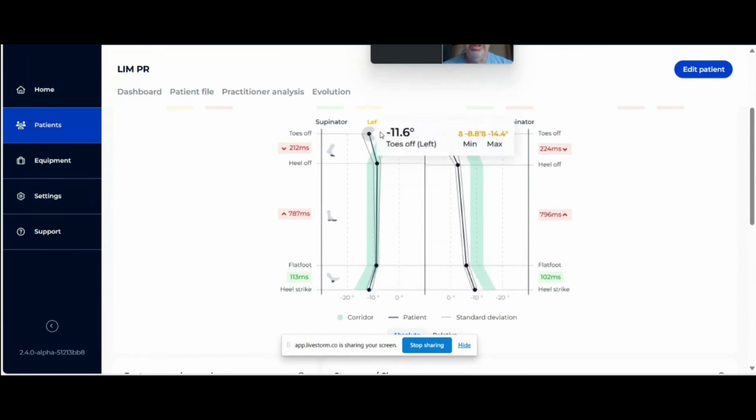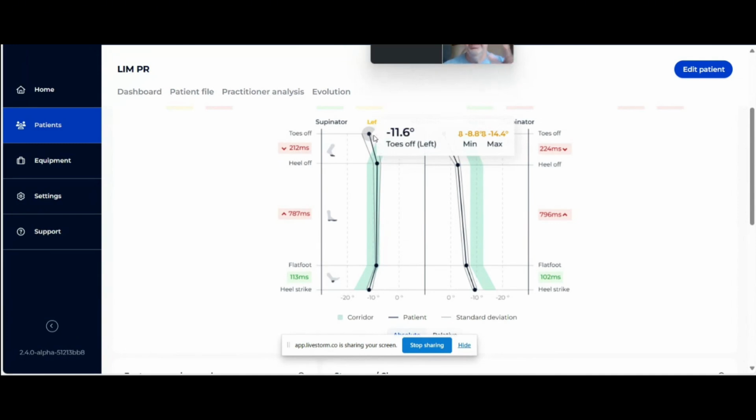And so that green is that normative pathway. You can put your cursor over these dots at each one of these moments, right? So this is heel strike and then toe down into the foot flat position, and then heel lift, and then eventually toe off. So that gives you the actual numerical value, which is going to be relative to parallel to the Earth's surface or the ground.